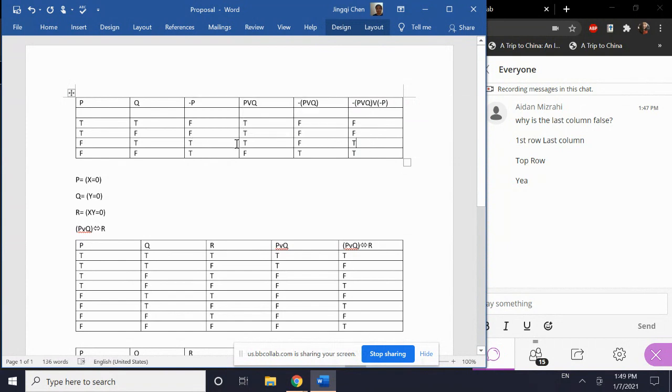So it would be true because not P is true. Does that make sense to you, Adam? Yeah, that's for or command. Or command, as long as one of the statements is true, the whole thing is true. Right? Then the rest is just all being false. You're both being false, it's false. Okay, great. Thank you, Jinqi. You're welcome. Stop sharing or Yeah.